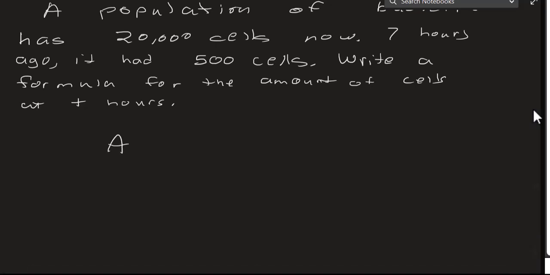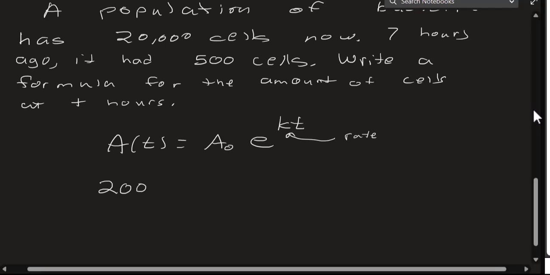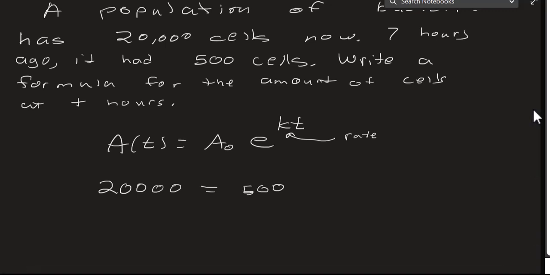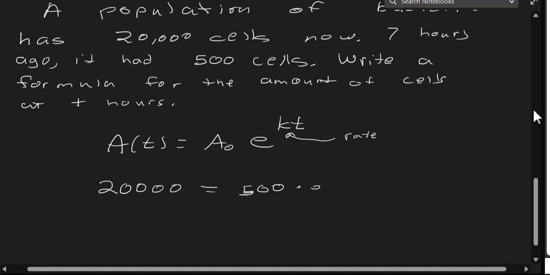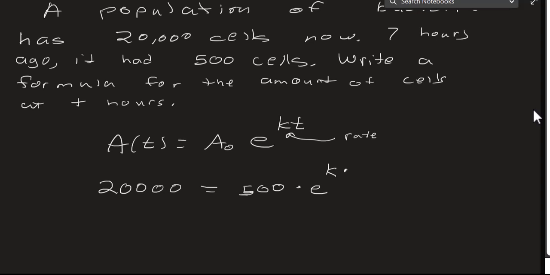So the amount at time t equals your initial amount times e to the kt, and this k is telling us our rate, and that's what we would solve for. So we know that we have currently 20,000, and we started with 500, and we need to find k. We don't know k, but it has been 7 hours.